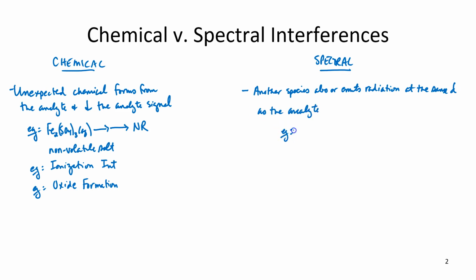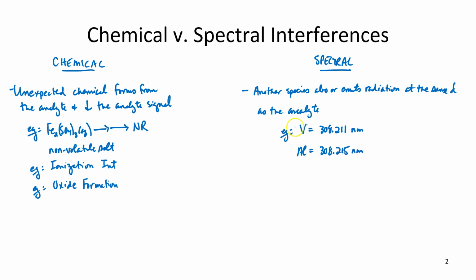So let me give you an example. Vanadium, when you're running the ICP, emits radiation at 308.211 nanometers, and aluminum emits radiation very close at 308.215 nanometers.